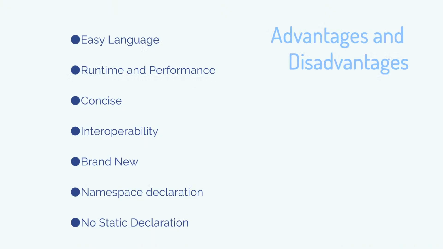Then why are we using this Kotlin language? What are the advantages and disadvantages of Kotlin? The first one is an easy language. It's a functional language, very easy to learn, and similar to Java.